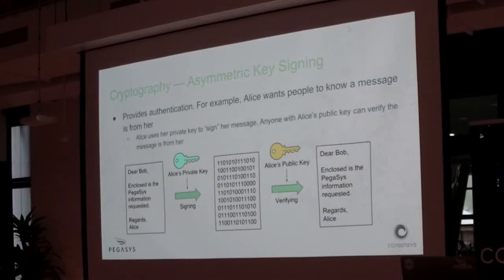So this time, Alice uses her private key. If she's the holder of her private key, encrypts the message, or as we call it, signs the message, sends it to Bob. Bob then can use Alice's public key to decrypt the message, and then consequently, he knows that the message must have come from Alice. Yes, sir?